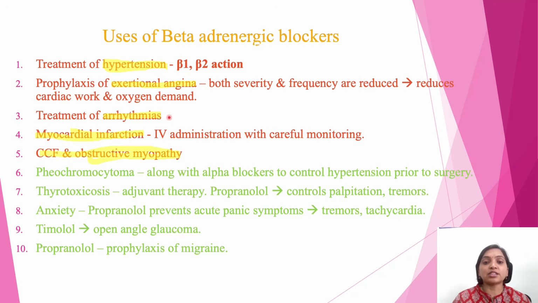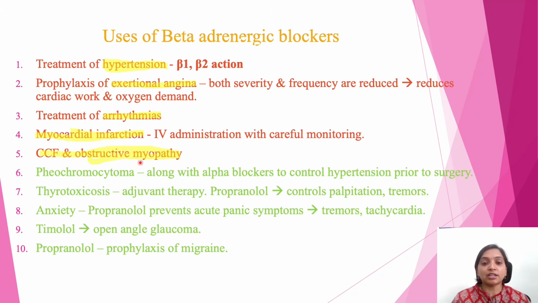Next use is in arrhythmia, because there are increased tachyarrhythmias, and they will decrease the heart rate, right? That is why it is one of the classes of antiarrhythmic drugs. Class 2 is mainly beta blockers. So they will decrease the heart rate in arrhythmias, mainly tachyarrhythmias. Also, it is one of the drugs given intravenously with close monitoring in myocardial infarction.